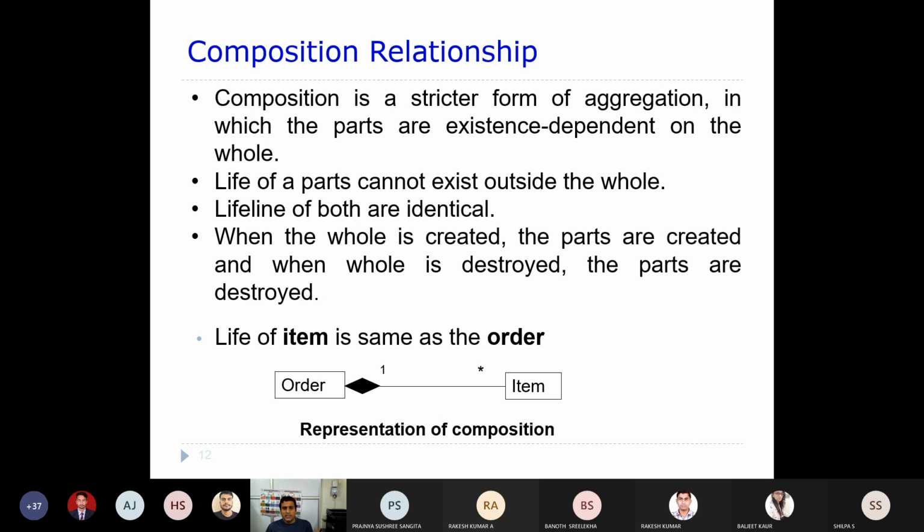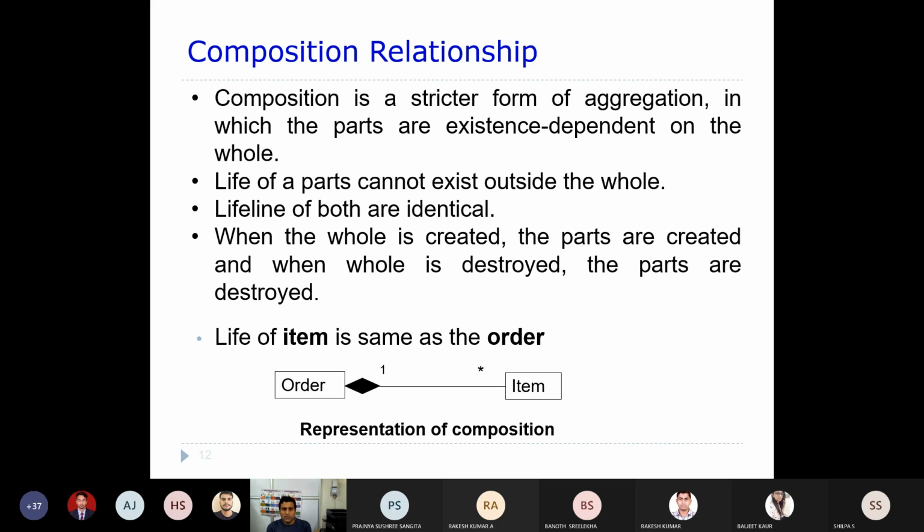So here it is something like this. When something is created by combining various parts, that is what we have seen, right? A certain number of lines will be combined to create a paragraph. Similarly, a certain number of parts will be combined to create a particular system.